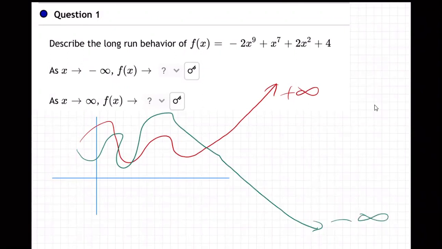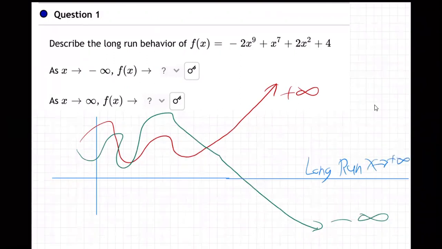So the long run means as you go to the right forever. That's the long run as x goes to positive infinity.